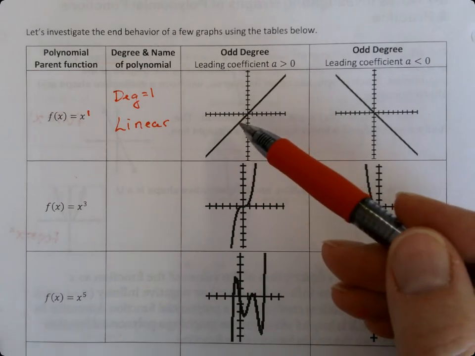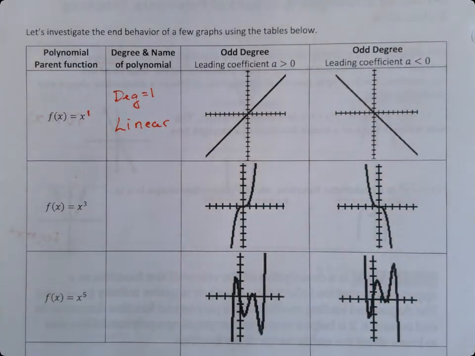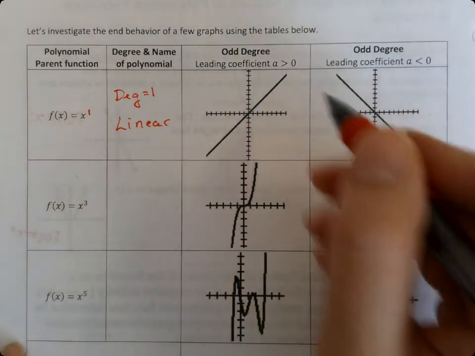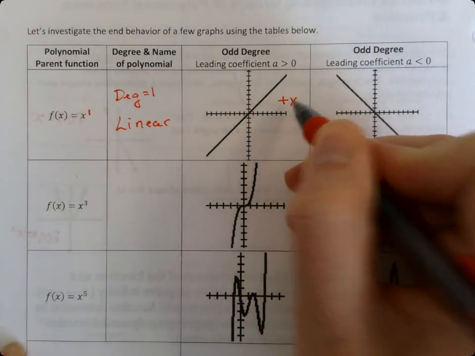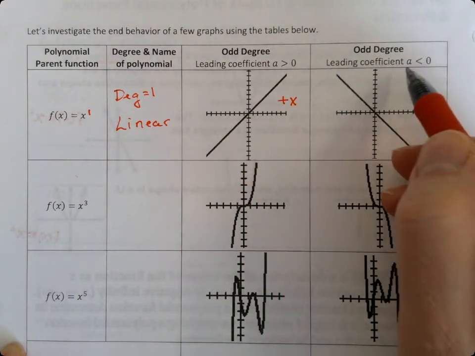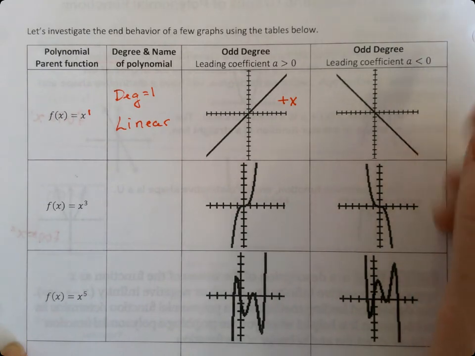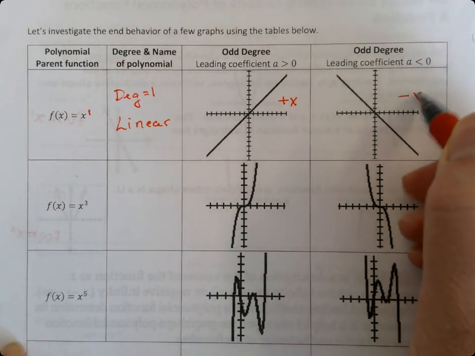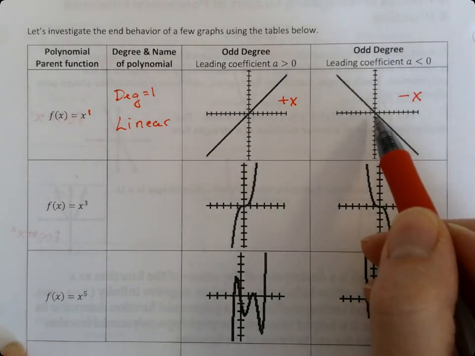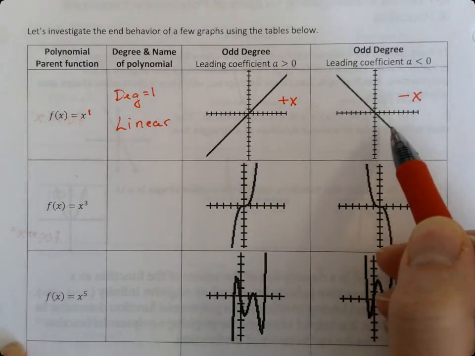It cuts through the origin at 0, 0, and there's no change in the slope. So the leading coefficient is greater than 0. So if we have a positive x to the first, our graph is going to go upward like this. And if the leading coefficient is less than 0, that means it's like we have a negative x to the first, and we're going to have a negative slope, right? Rise and run, you drop 1, you go over 1.